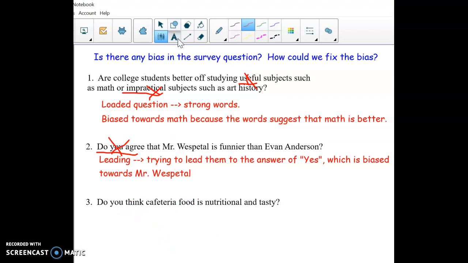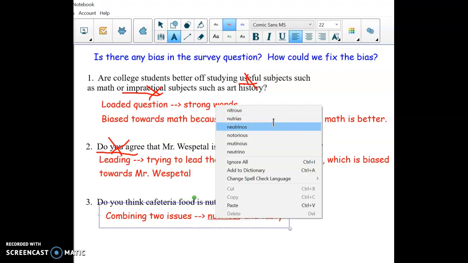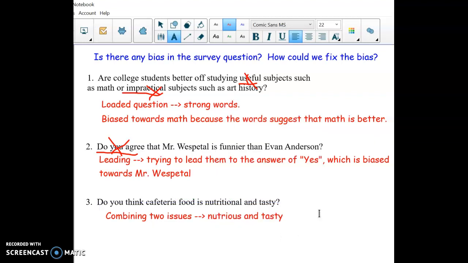Okay, last one. This one usually trips students up, but see if you can find the problem with this. The problem is combining 2 issues, because it's got both the nutritious question and the tasty question all in one.